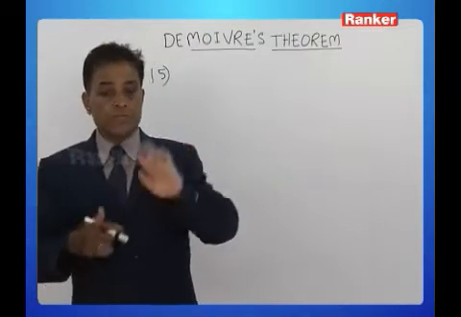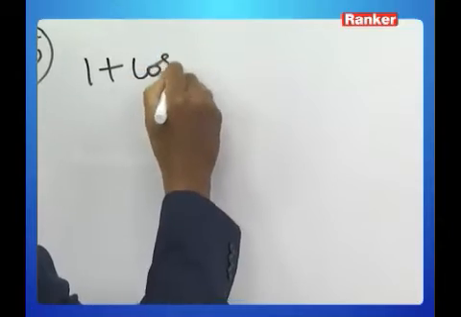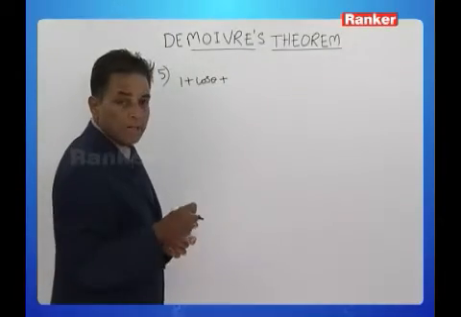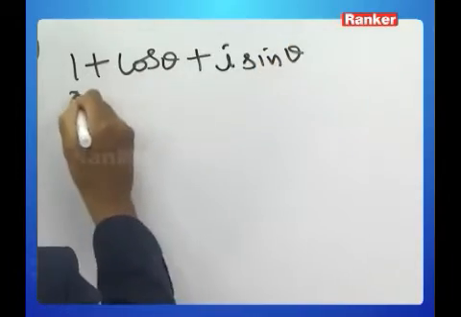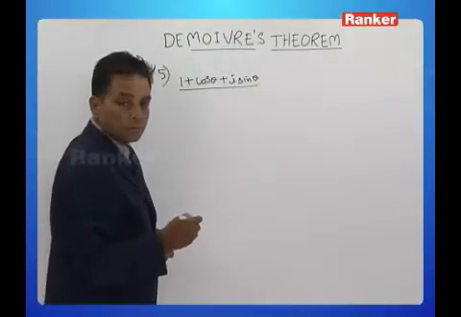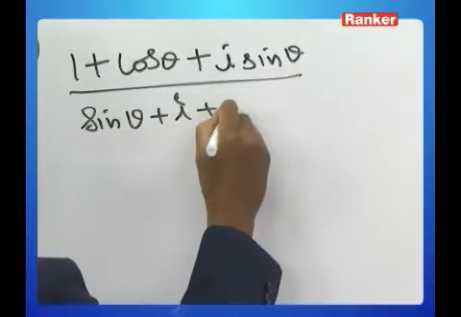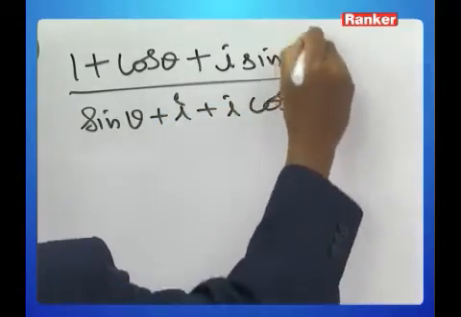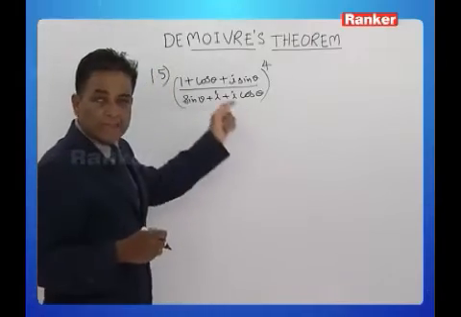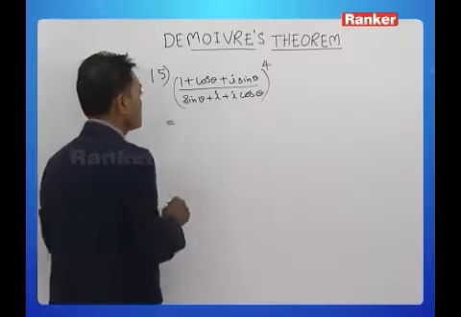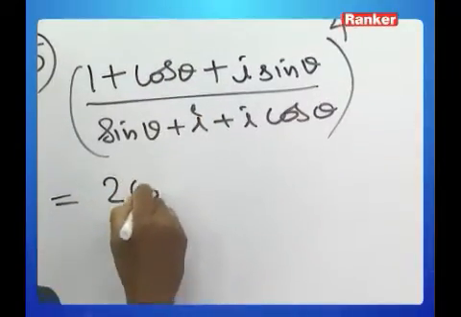Question number 15. (1 plus cos theta plus I sin theta) by (sin theta plus I cos theta) power 4. Given that it equals sin n theta plus I cos n theta. 1 plus cos theta is 2 cos square theta by 2.